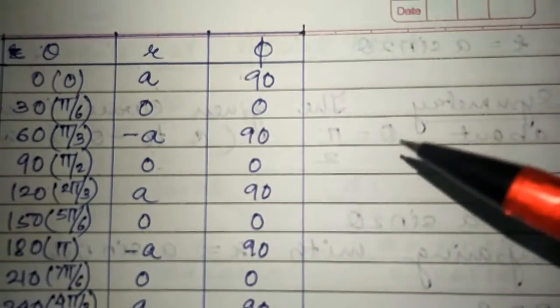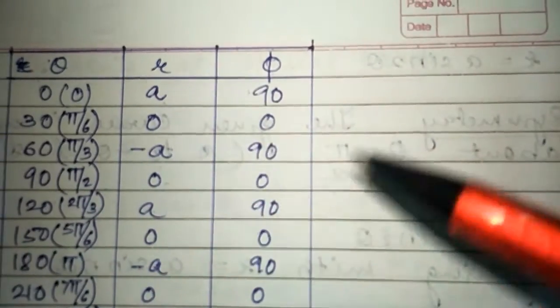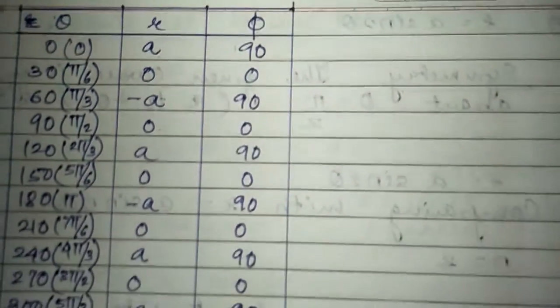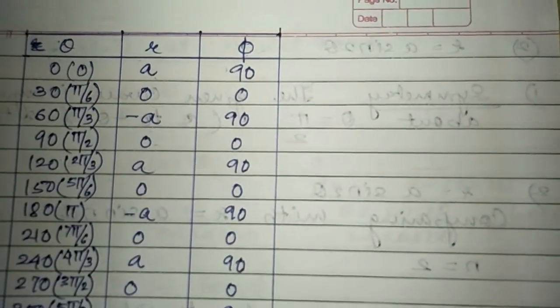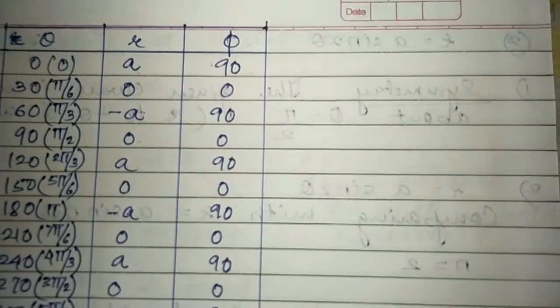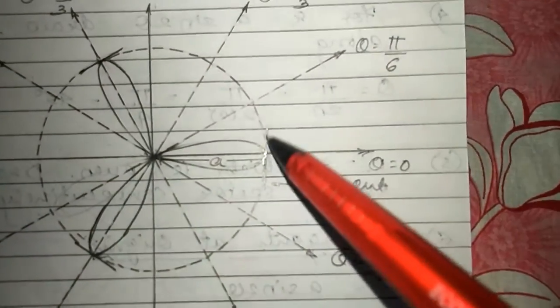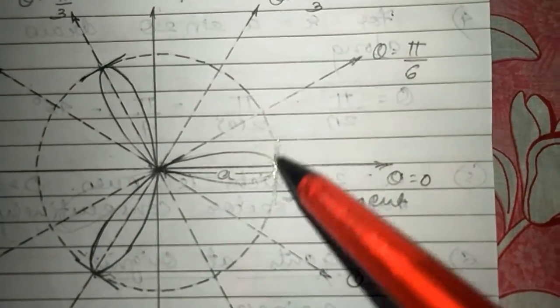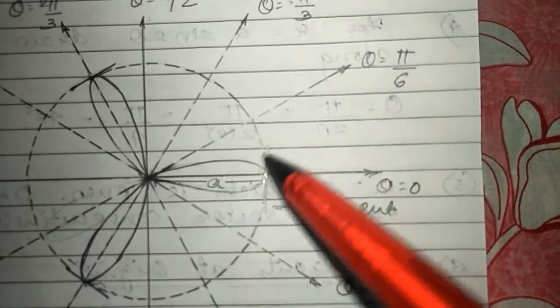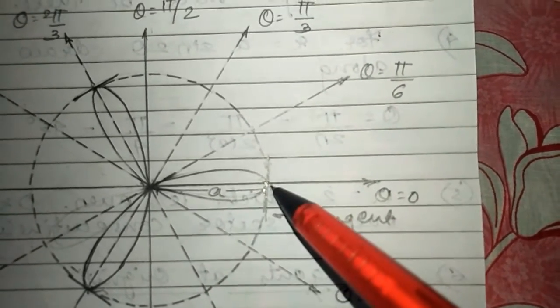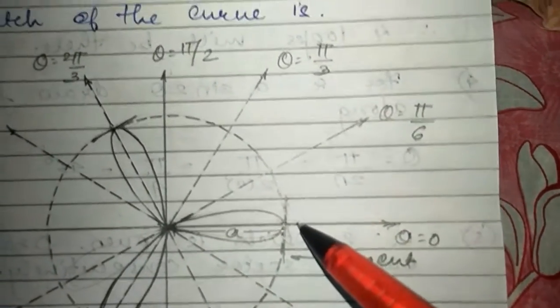Now from this you can see from the table, when theta is 0, phi is 90 degree. That is the angle made by the tangent with the radius vector. It is 90 degree. So when theta is equal to 0, we can see we have the tangent at this point. So the angle made by this tangent with this radius vector, it is 90 degree.